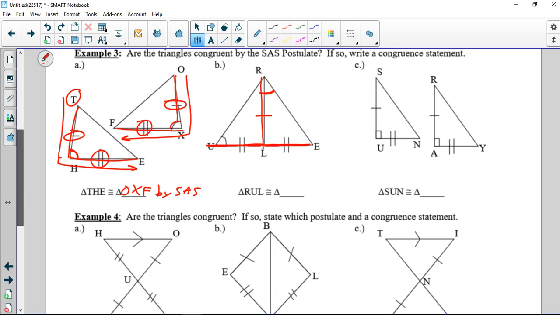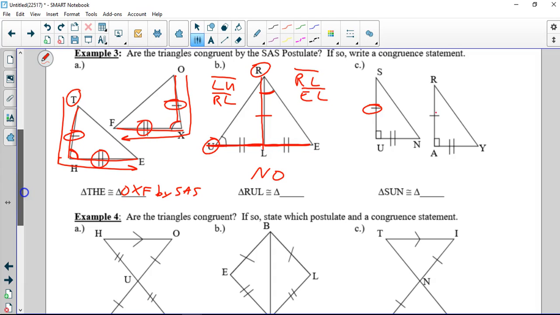Notice if I call this RL and EL, do they have a common letter of R? No, they do not. And over here on the left side, I would need U. Well, I have LU, but I also have RL. Again, I don't have U in both of them. So this is no. Can't prove it this way.